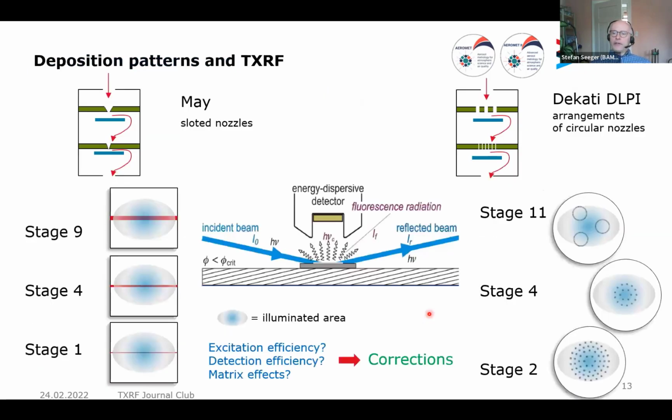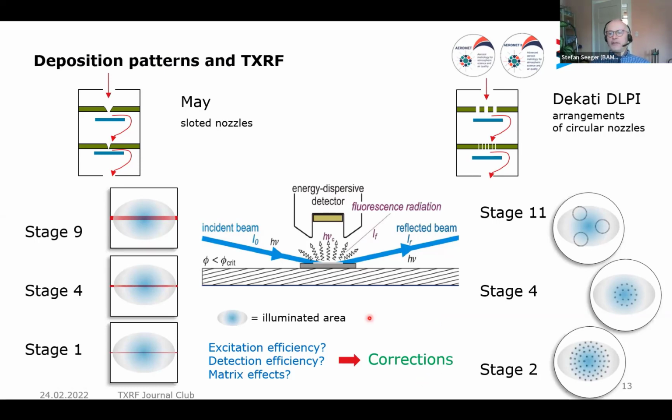Okay, so what are the main issues here? If you go to the May type design, that has slotted nozzles, and the deposit will be in the form of stripes on the carrier, and these stripes have different diameters in the different stages, as indicated here for 3 stages.